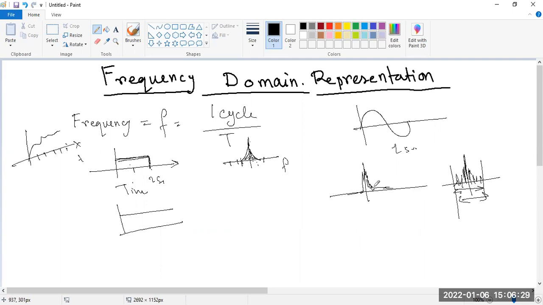And if I say just one welcome, then within these 2 seconds only one cycle is completed, whereas in the previous case I said welcome at least three times.